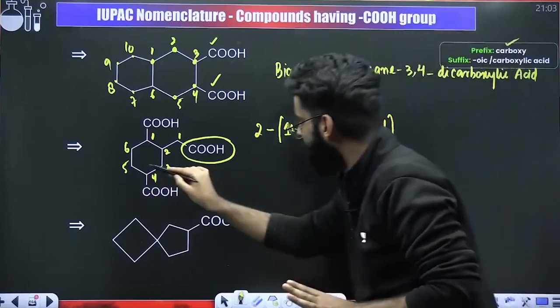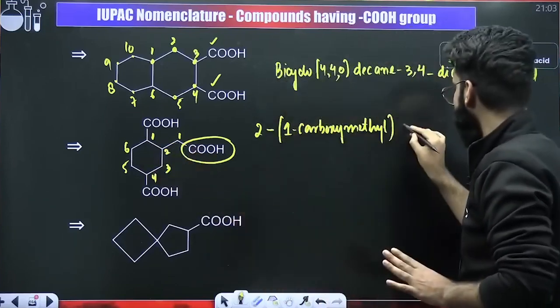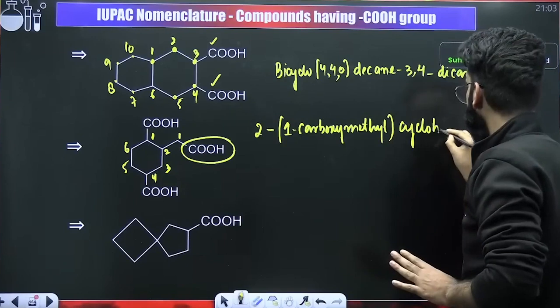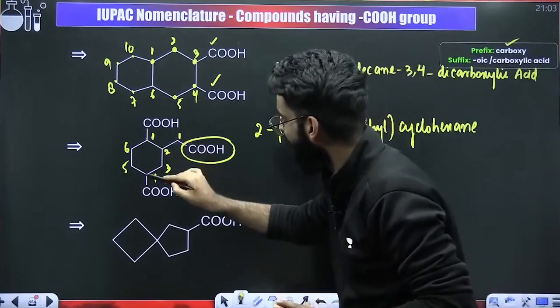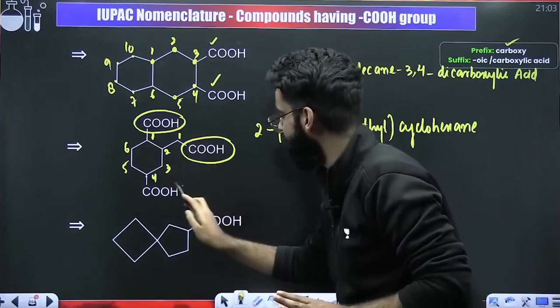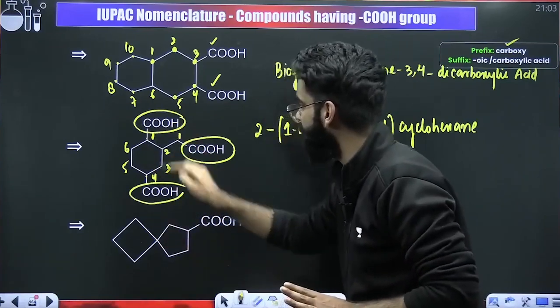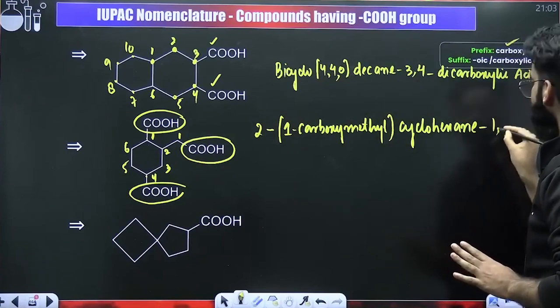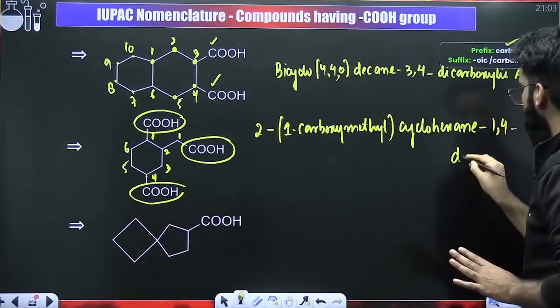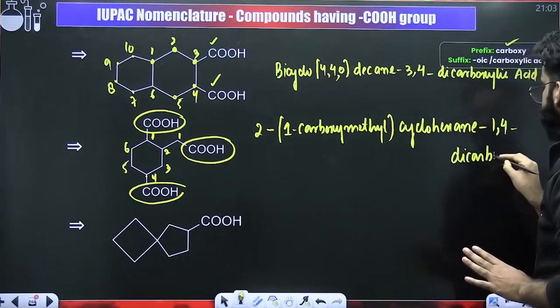Perfect. Then, it is going to be a cyclohexane at 1 and 2. These two are the carboxylic acids and none of their carbons is the part of the main chain. So cyclohexane, this is going to be 1, 4. It's going to be dicarboxylic acid.